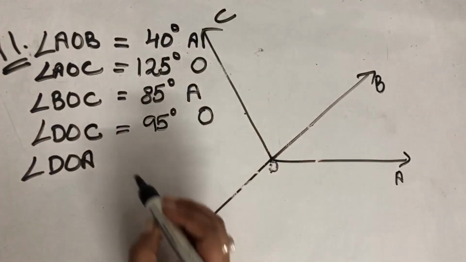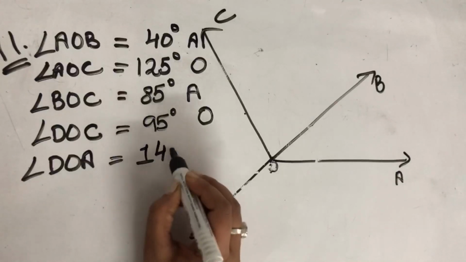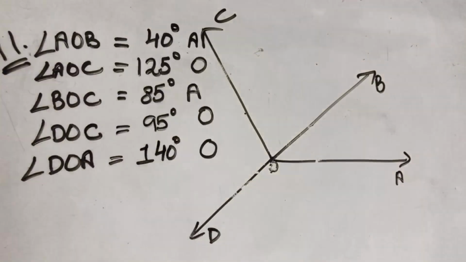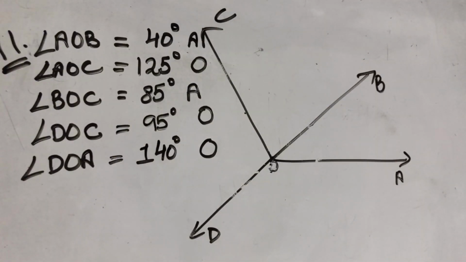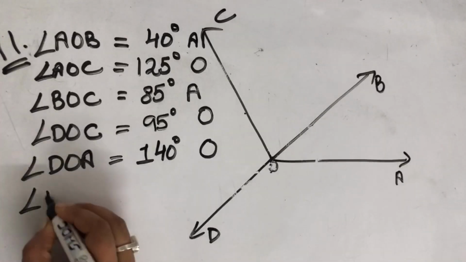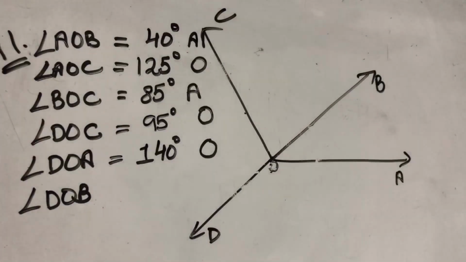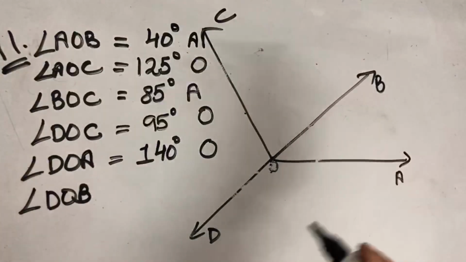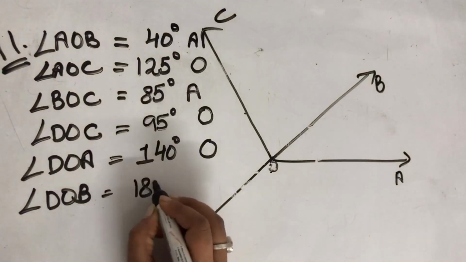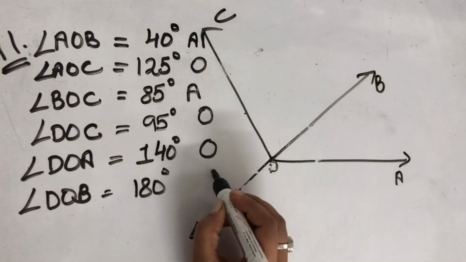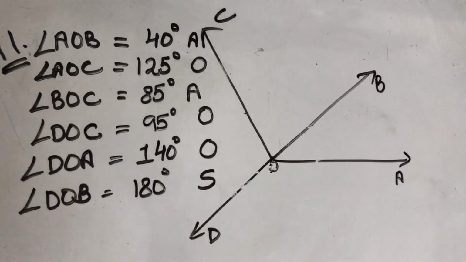So answer is 140 degree. Again, this is obtuse angle. Next one is angle DOB. So now this angle is a straight line. So it is 180 degree, and 180 degree is known as straight angle.